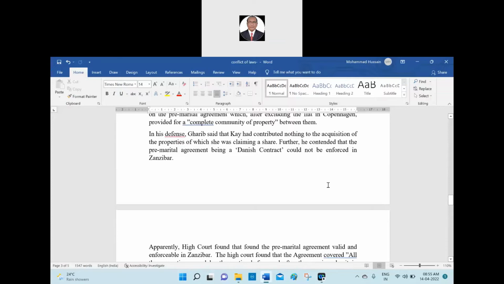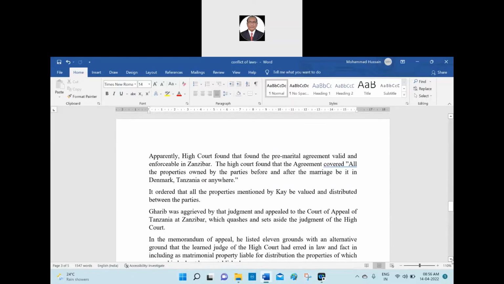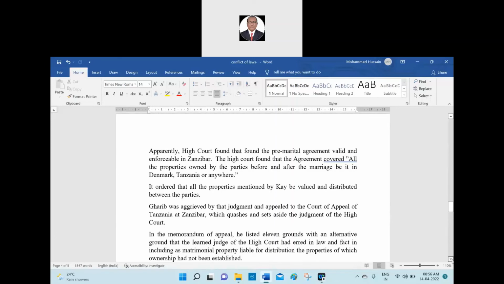In his defense, Gharib said that K. Mlinga had contributed nothing to the acquisition of the property of which she was claiming a share. Further, he contended that the premarital agreement, being a Danish contract, could not be enforced in Zanzibar. So that is another contention of Gharib Abdullah.